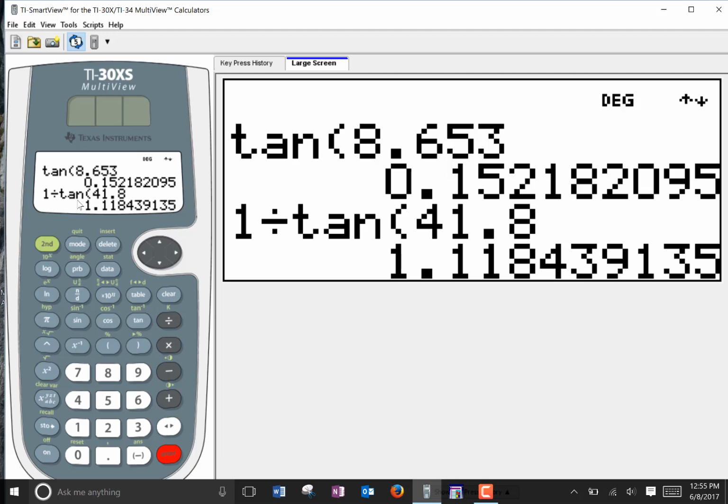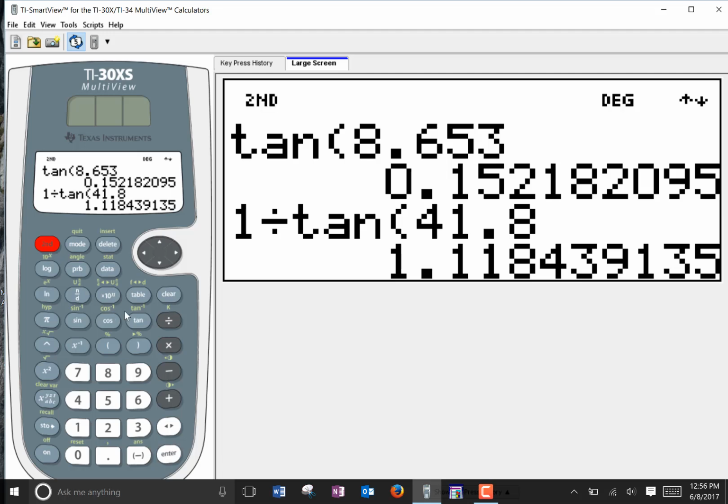So on those, they actually give you the angle, and you are trying to find the answer to the trig function. In 25 through 40, they give you the trig function, and you are trying to find the angle. So when I go back over and I do, let's say, number 26, and I'm trying to find the angle, it gives me tangent of 2.470.